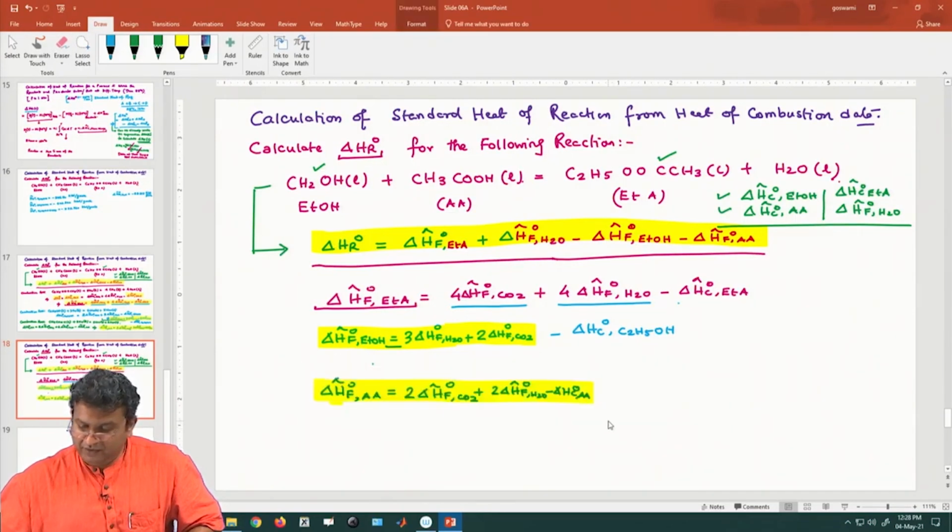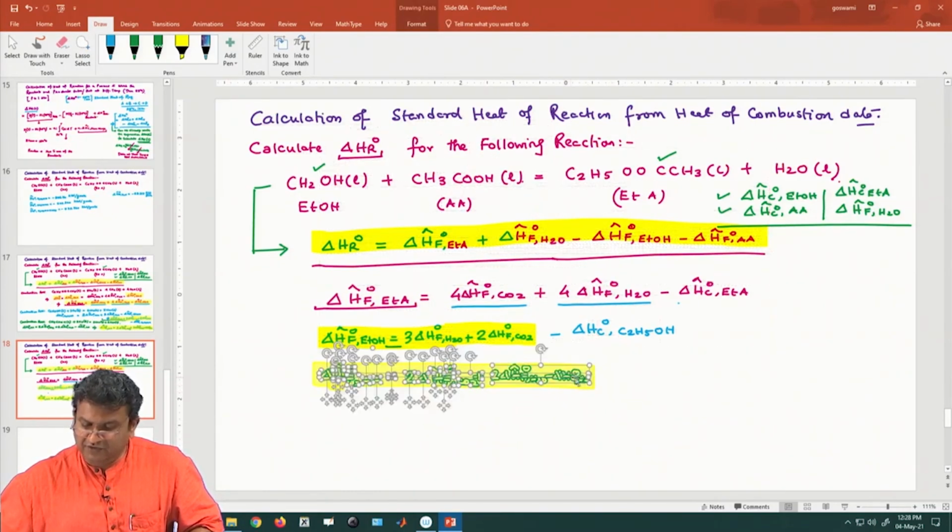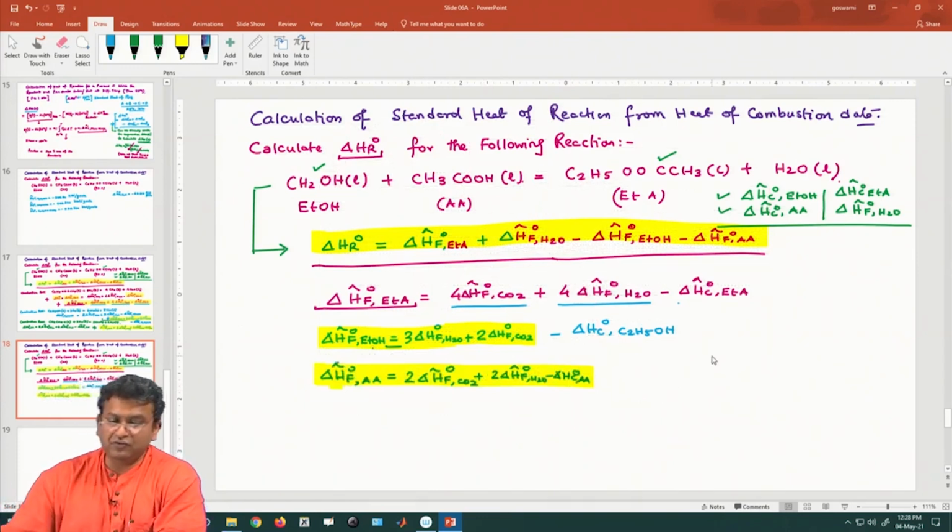And so, now what we already have are the expressions for the three heats of formation as you would need over here.